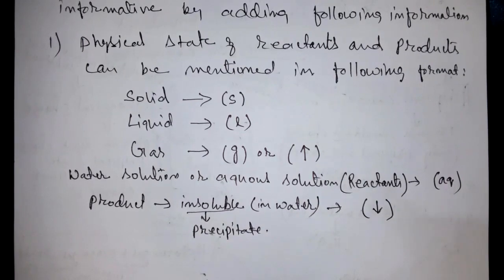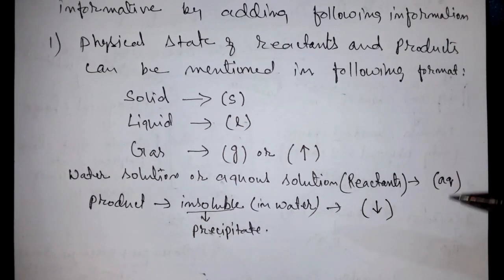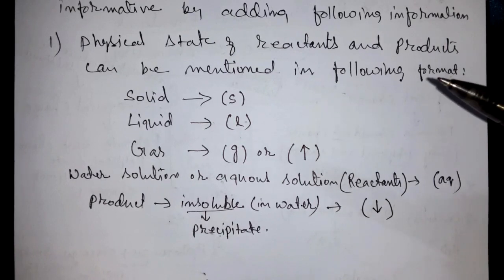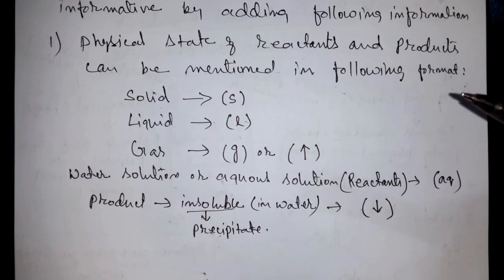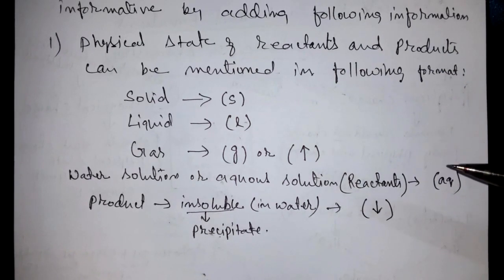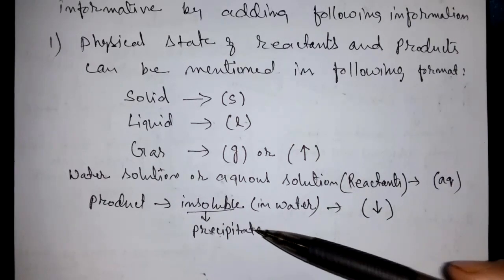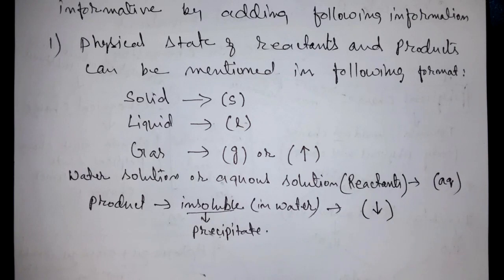So in this way, we can make the chemical equation more informative if we provide more information. You can mention the physical state of the substance, that is of the reactant and product. We can also mention if any solution is used or not. We can also mention if any product formed is insoluble, then we can use this arrow.